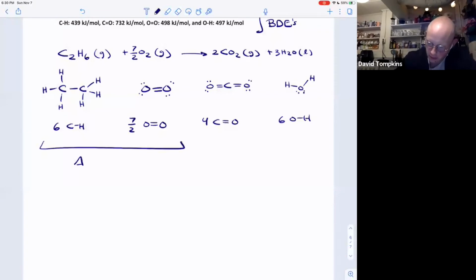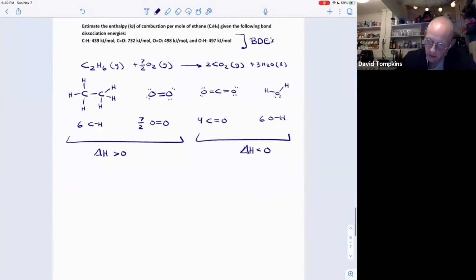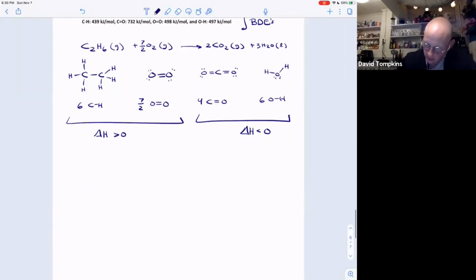So these are endothermic, breaking reactant bonds, and these are exothermic. So to calculate it per mole of ethane, what we do is take the bond dissociation energies of the reactants, the amount of energy input, minus the bond dissociation energies of the products.